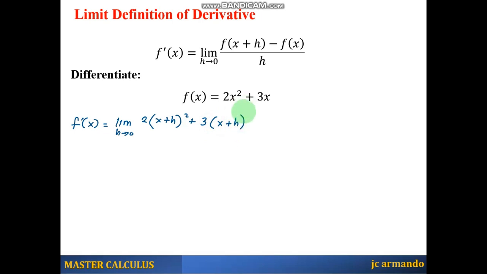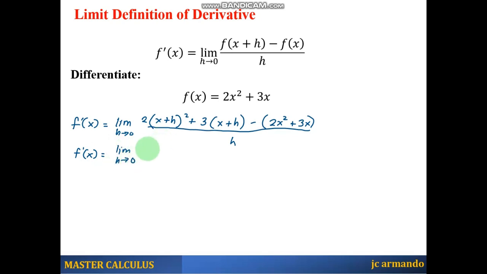So that's the value of f of x plus h minus f of x. And f of x is the original function. So this is 2x squared plus 3x, all over h.